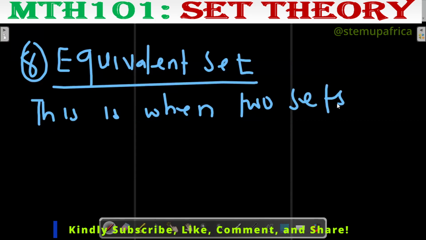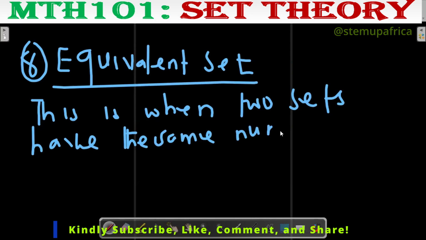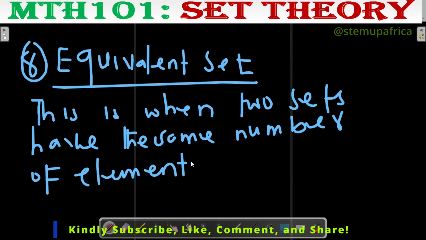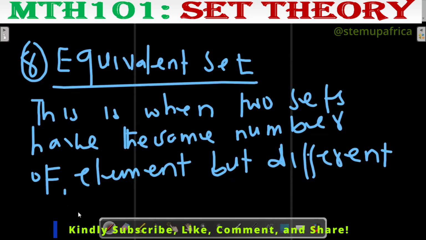This is when two sets have the same number of elements, but different items. That's what we call equivalent. So they have the same number of elements, but different items.